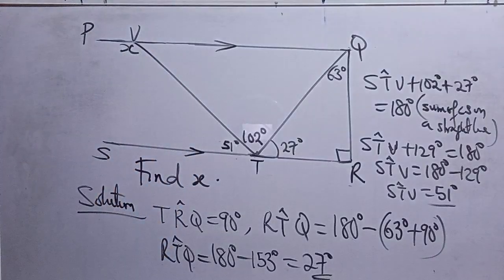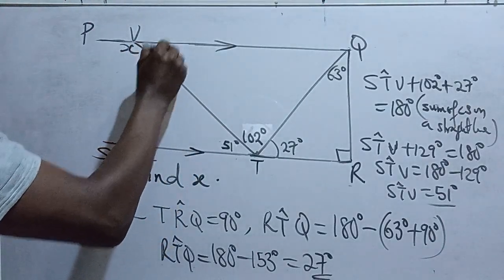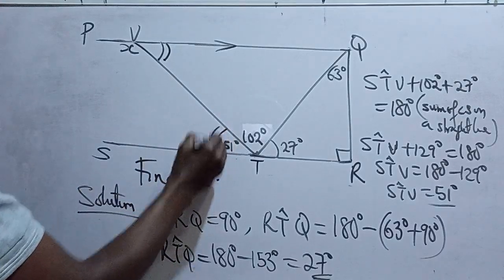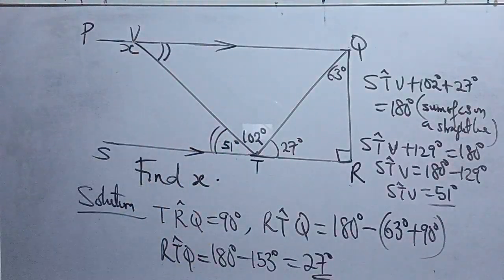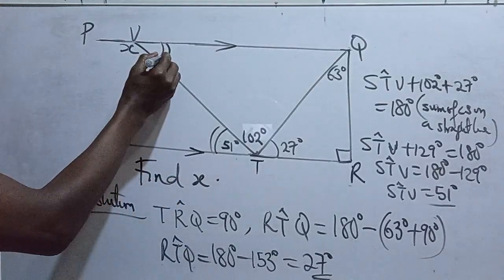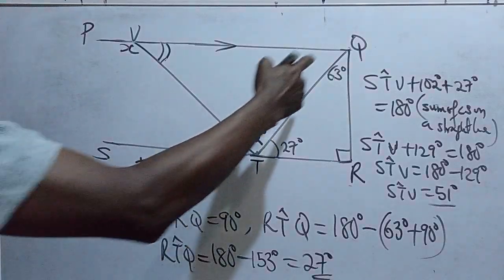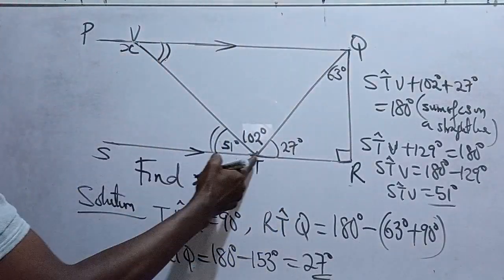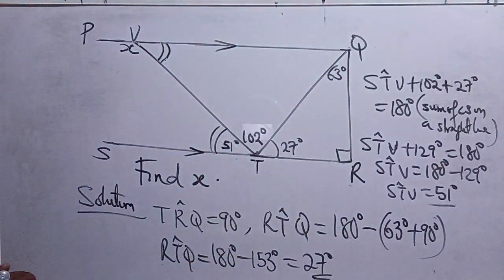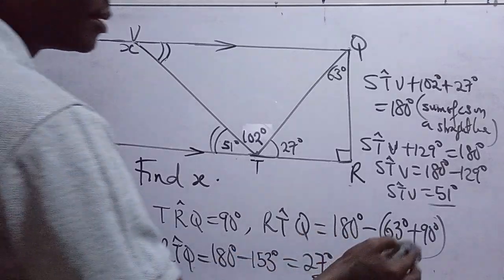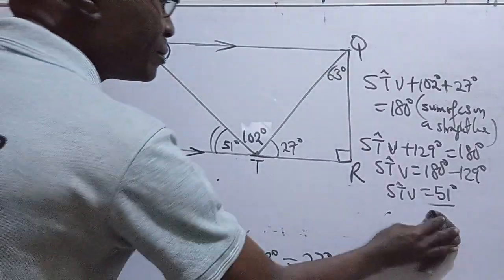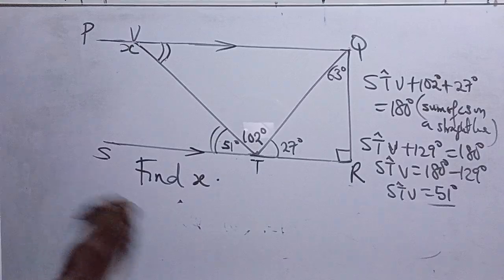Don't forget this drawing is not to scale. So in other words, we can say angle QVT, or TVQ, whichever one. Just make sure V is the one in the middle.